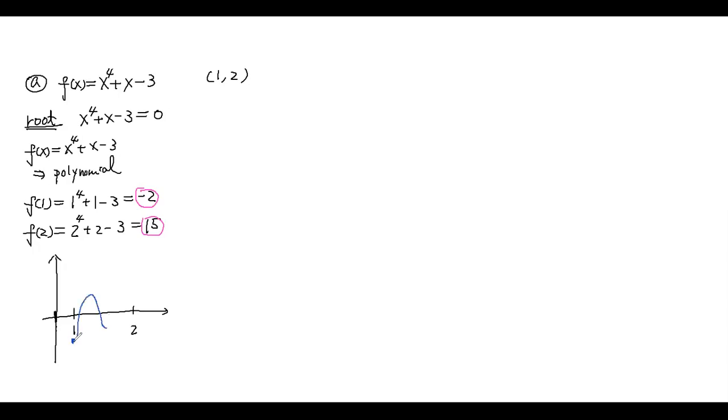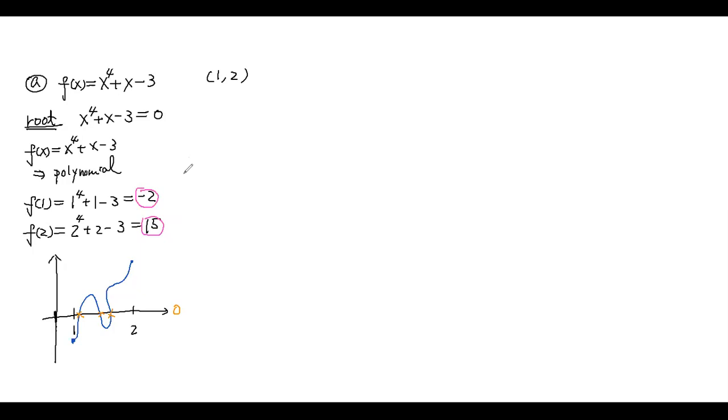because this function is continuous, so this function could go like this. When it comes to 2, it's a positive number. So by the Intermediate Value Theorem, it has to hit zero. I can find a root in this interval. How to solve it is a different story.